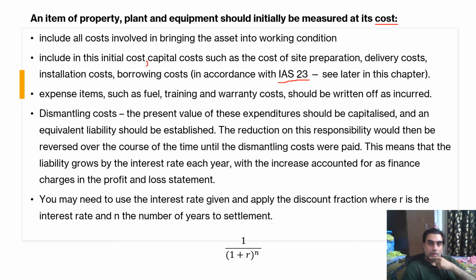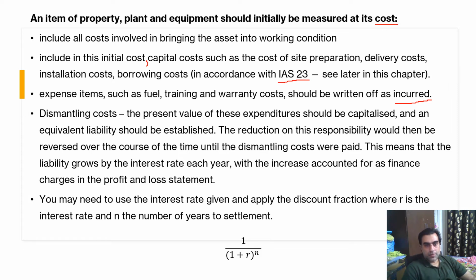Expense items such as fuel, training and warranty cost should be written off as incurred. So these will not become part of the cost of property, plant and equipment.